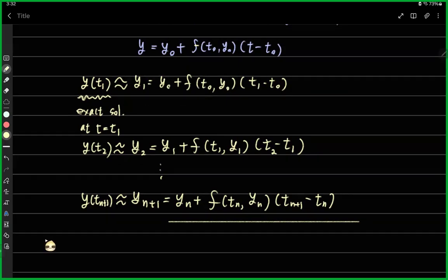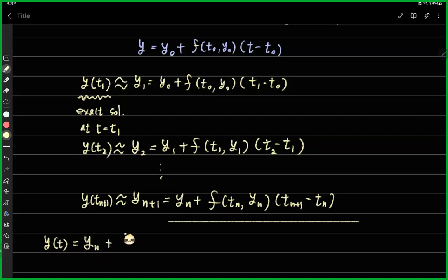y of t is equal to, right? And then y of tn, for example, plus, right?